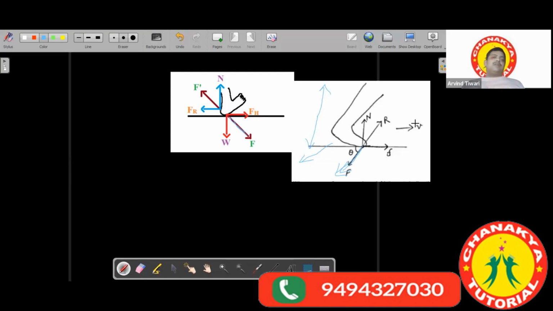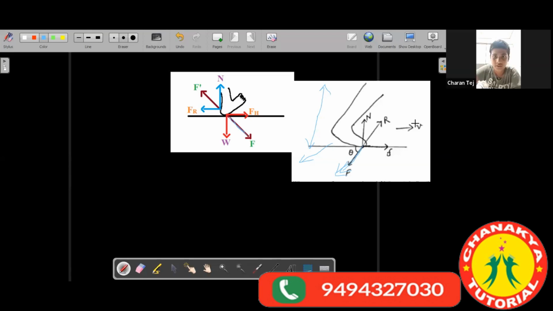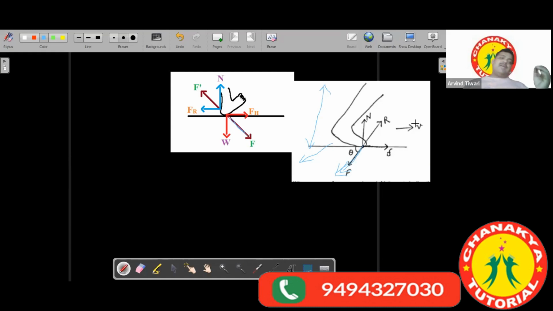It seems that it's not correct. But once you wear roller skates on your feet and try to push a wall, will your roller skates and your body be pushed backward or not? Yes, sir, it will be pushed. Yeah, it will be pushed. So we can say that for every action, there will be an equal and opposite reaction.